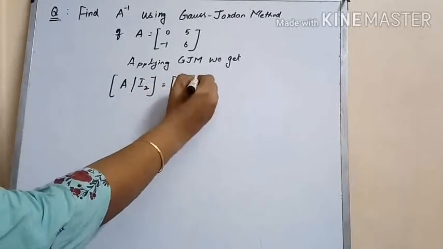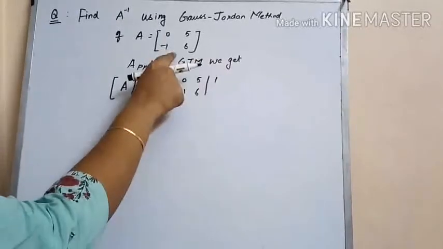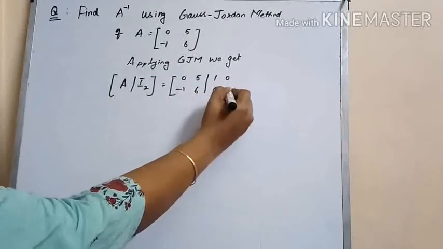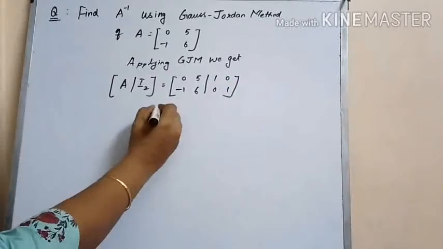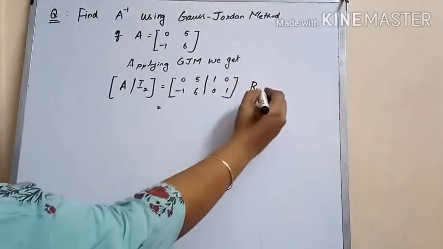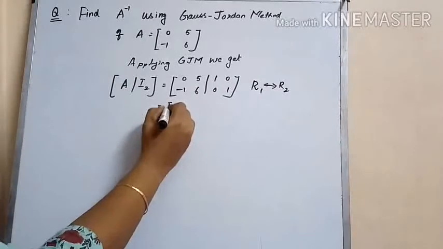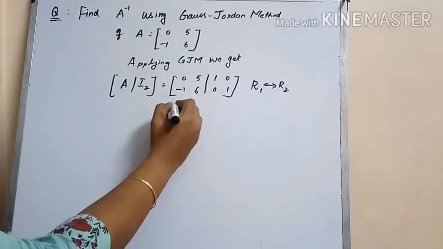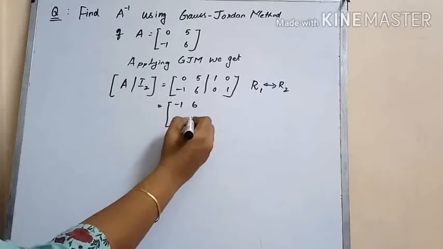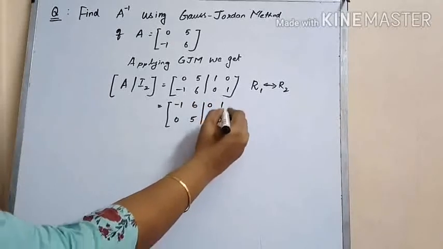So 0, 5, minus 1, 6, and here, this is a 2 by 2 matrix, so I2 is 1, 0, 0, 1. Now we have to interchange row 1 and row 2. So that will give you minus 1, 6, 0, 5 | 0, 1, 1, 0.